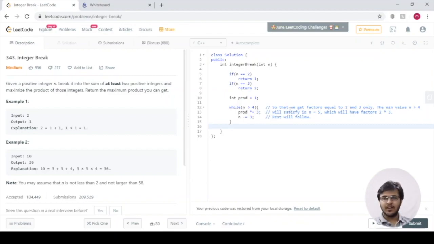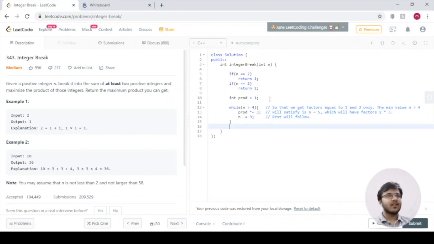Because when n is 4, if we extract 3 from it, we will get 3 and 1, and that won't be a feasible answer. So we will be using n greater than 4, because when n is equal to 4, we can divide it into 2 into 2. And when n is greater than 4, the lowest number greater than 4 is 5. So when we extract 3 from it, we will get 3 and 2. So yeah, that would be our feasible answer for maximizing the number of 3s, minimizing 2s, and only getting 3s and 2s.